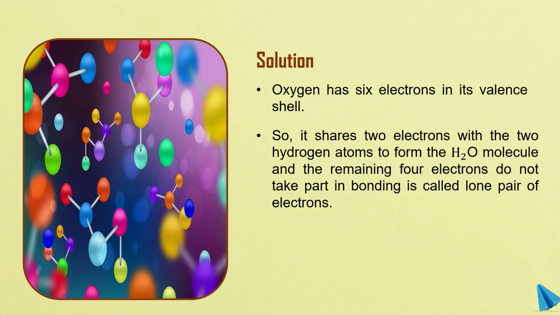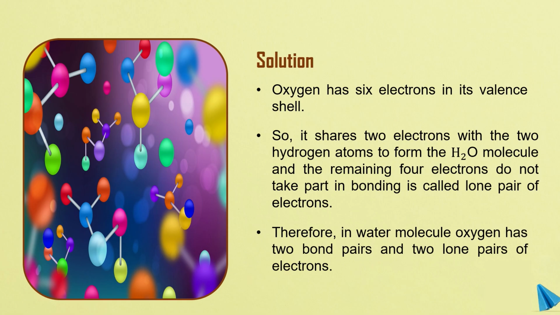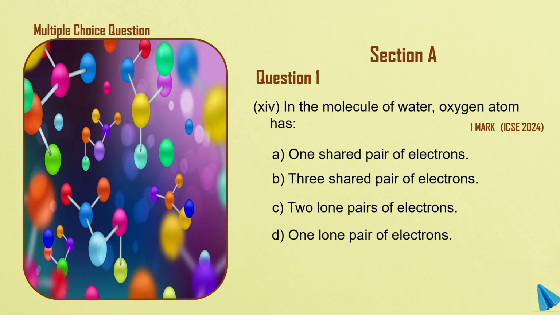So it shares 2 electrons with the 2 hydrogen atoms to form the H2O molecule, and the remaining 4 electrons do not take part in bonding, called lone pairs of electrons. Therefore, in a water molecule, oxygen has 2 bond pairs and 2 lone pairs of electrons. So what is the right answer? Right answer is option C, which is 2 lone pairs of electrons. Let's have a look at the next question.